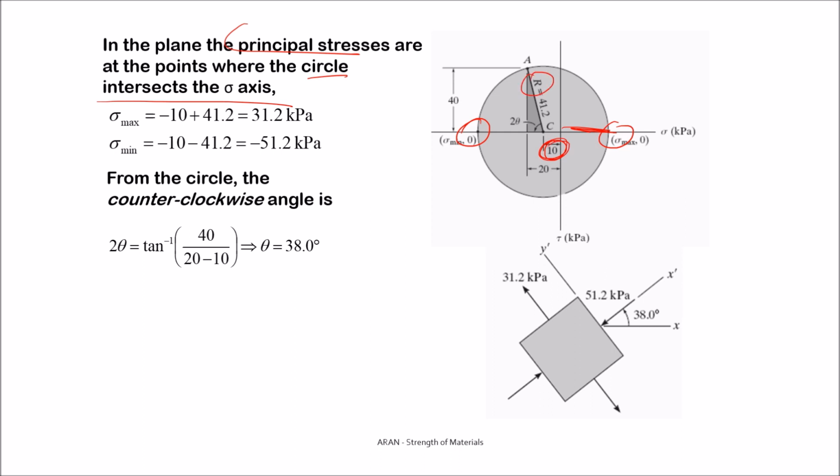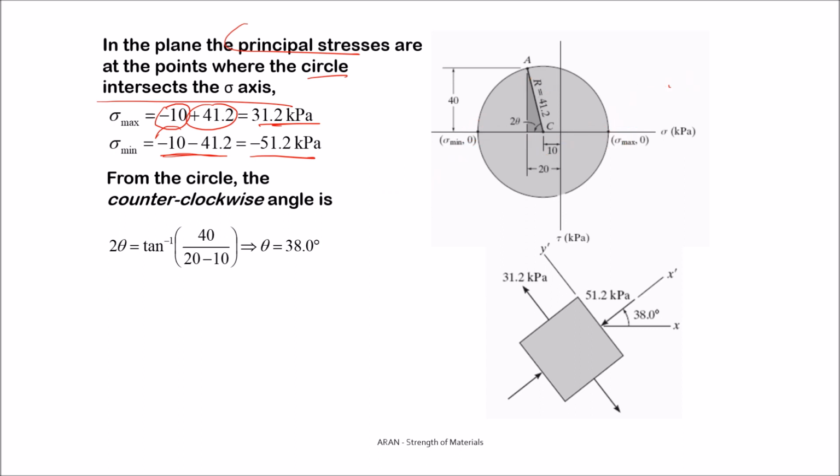So this point has a sigma, as you see, minus 10 plus 41, that's 31. And this distance is radius plus 10. These are both negative. It's minus 51. Okay, so we have the principal stresses in the plane.